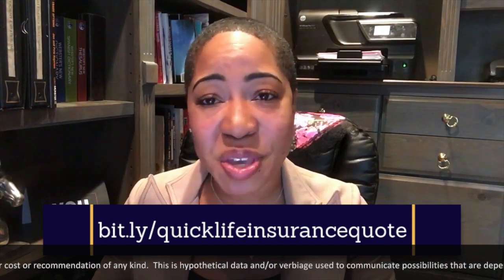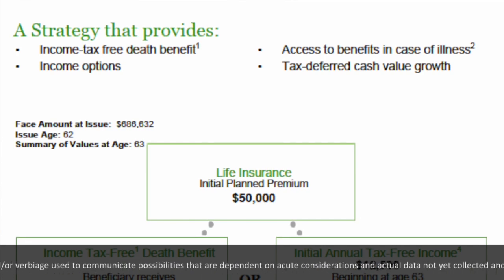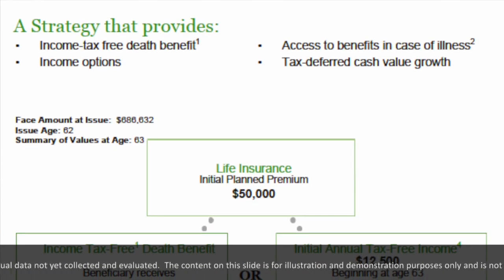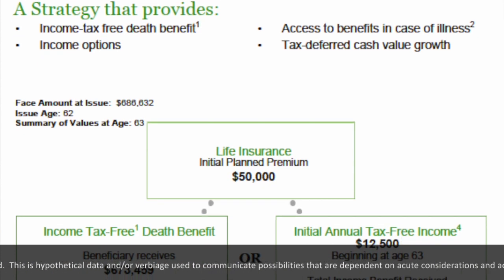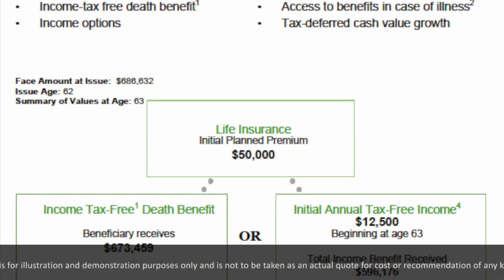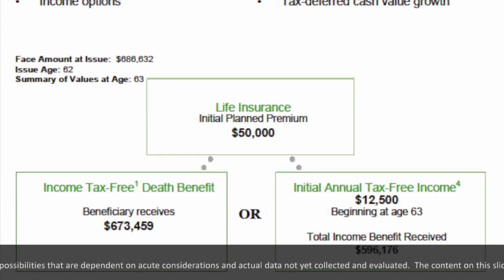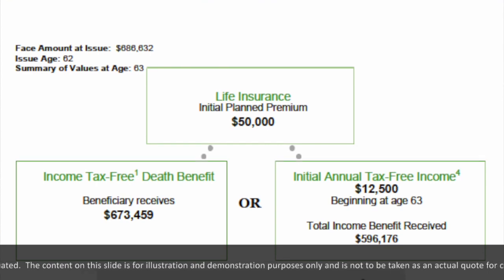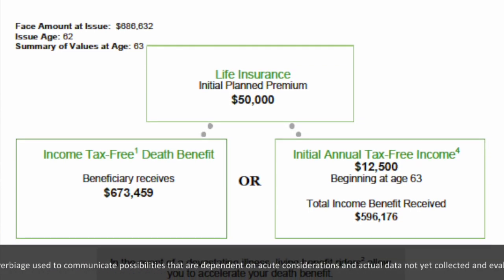For that 62-year-old that's paying a $50,000 life insurance premium into this policy, they will either realize the benefit of their beneficiaries receiving $673,459 income tax-free, or at the age of 63, based on this design, this 62-year-old is going to start taking tax-free income of $12,500 starting at age 63.